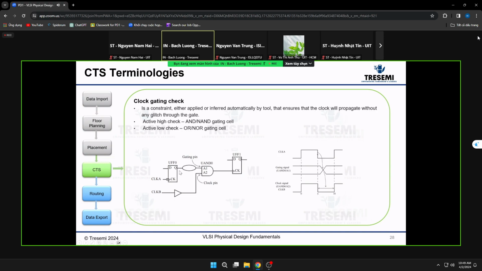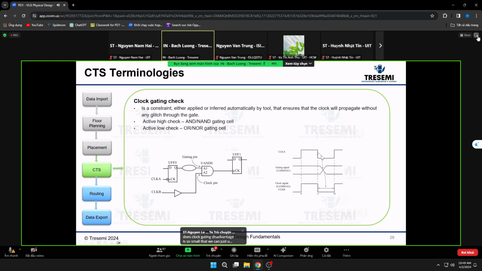Yeah. So this is the active check for the clock gating check for the active high. So you can see here, right? This is actually a half cycle path. So usually it's implemented with a half cycle path to meet timing. Remember half cycle path?